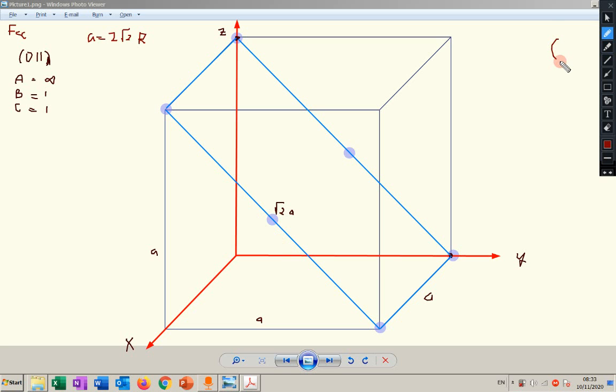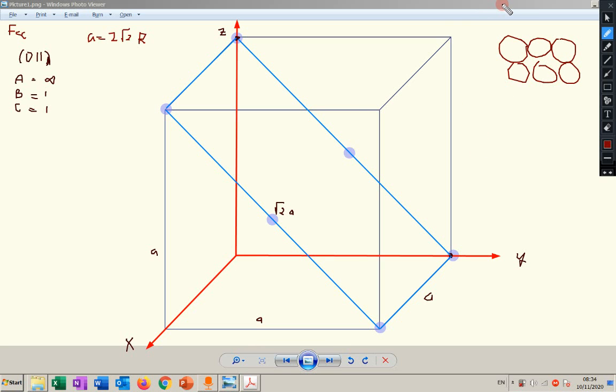The first possible case, I will draw the atoms touching each other, and there will be another one here.